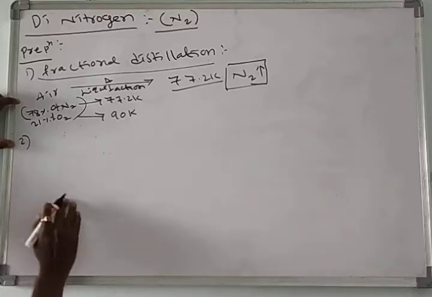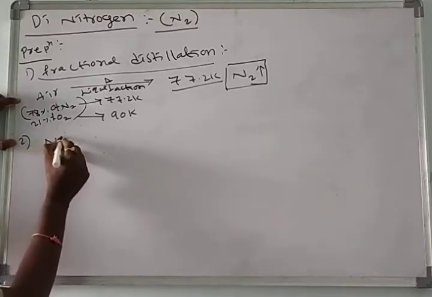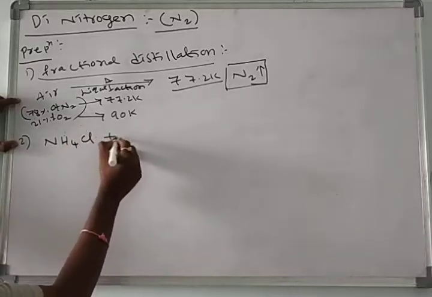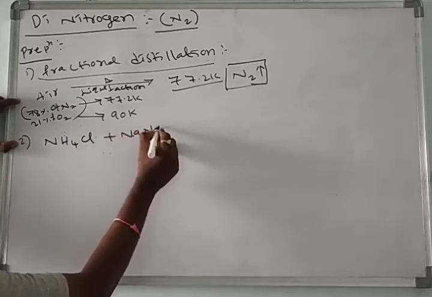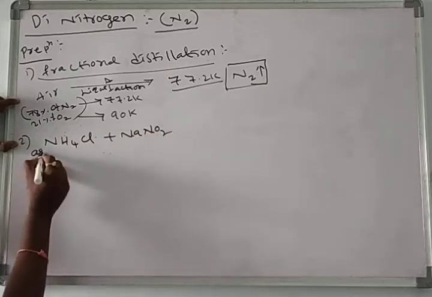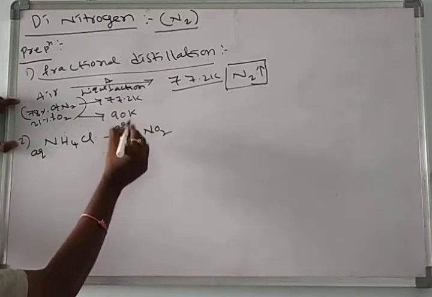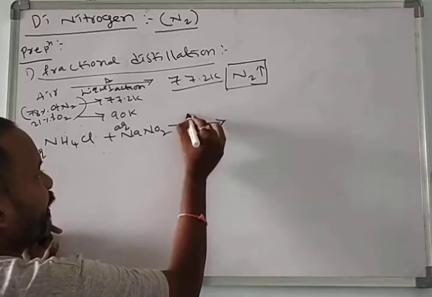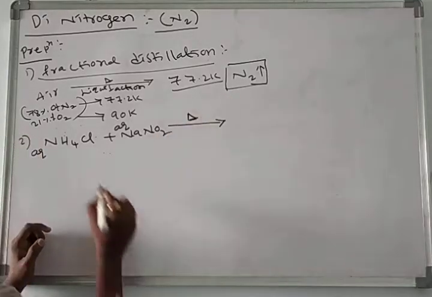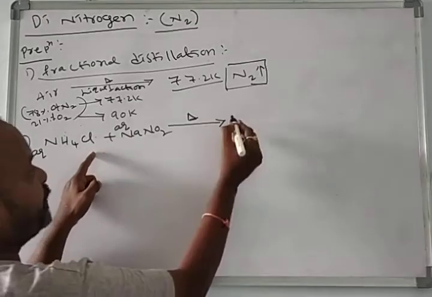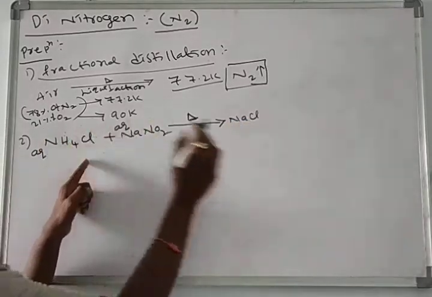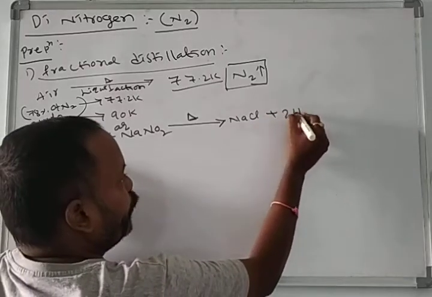The second method is ammonium chloride reacting with sodium nitrite. Both are aqueous. Aqueous ammonium chloride and aqueous sodium nitrite react with each other at high temperature. The sodium reacts with chlorine, forming sodium chloride. There are 2 oxygens and 4 hydrogens, giving 2 H2O.